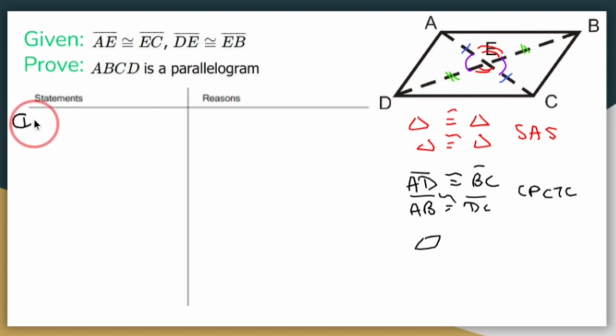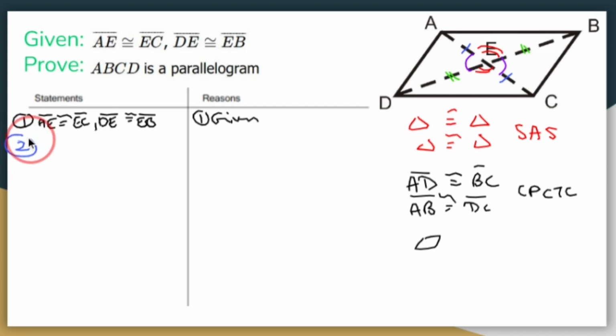So let me start out with my given. Always start out with the given, and that's AE is congruent to EC, and DE is congruent to EB, given. All right, so I have two pairs of congruent sides of triangles going on here.